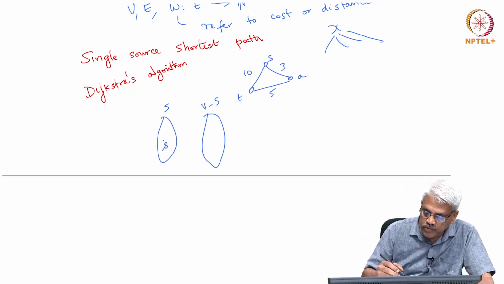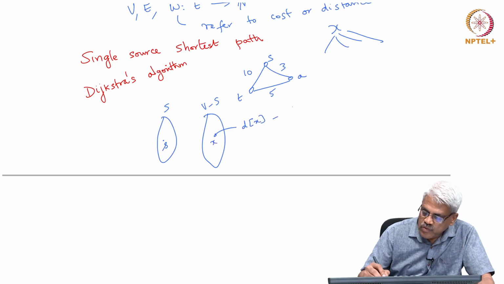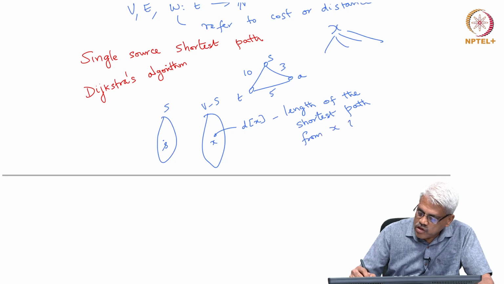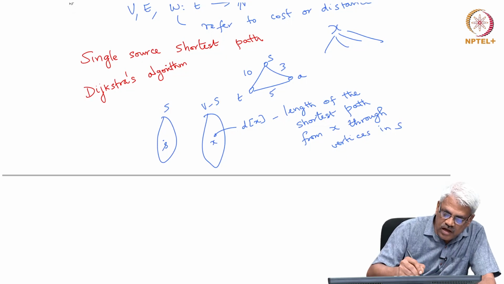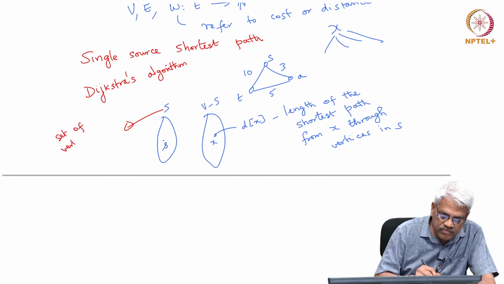So first thing what we will do is, for every vertex we will remember a distance, which is the length of the shortest path from x through vertices in S. Somehow S is this set of vertices for which I already know shortest paths.